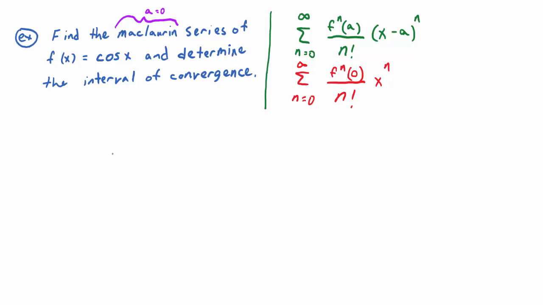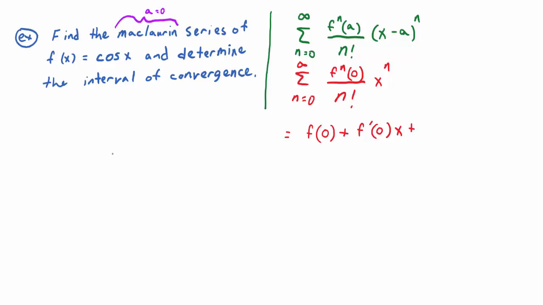So when you write it out longhand, you get, well, what's the first term? Just f of 0, right? Plus, what's the next term? f prime of 0 times x over 1 factorial.